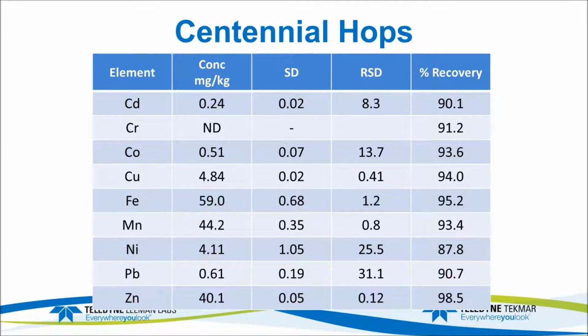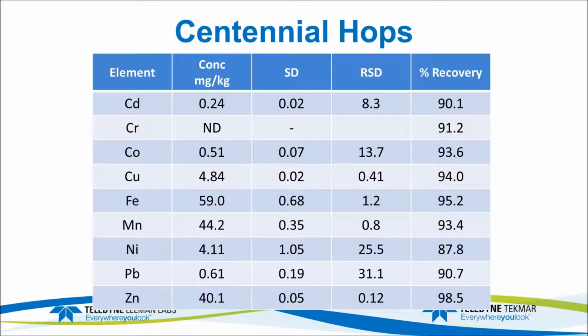Then I'm looking at the Centennial hops. Again, you can see the recovery of the 100 ppb spike on the right-hand side. To point out, the spike for the manganese and the iron were actually higher than the 100 ppb because the concentrations wound up being so much higher than we had expected. We had not run any analysis on hops, so we didn't know what to expect.